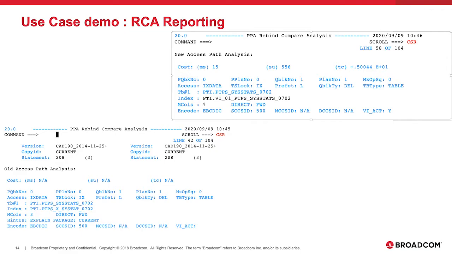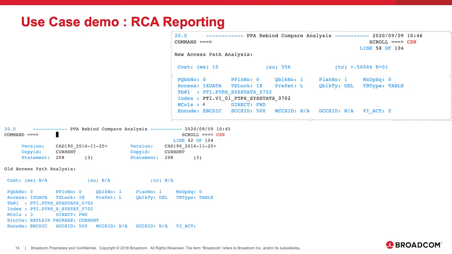Now it uses the new virtual index with match cols 4, and the access path is better than before. All of this analysis has been run before creating the real index or rebinding the plan or the package in reality.